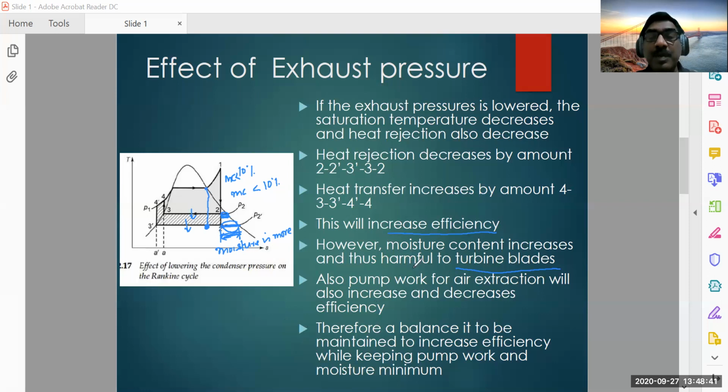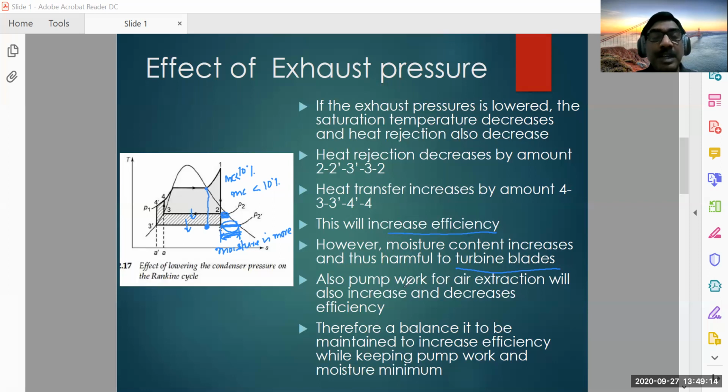Another problem is the pump work for extraction of the air. I told you about the different types of losses in the previous class. One of the losses in the Rankine cycle is because there is a subatmospheric pressure in the condenser, some air may enter through the leakages, and you have to remove all this air and maintain the correct condenser pressure for the cycle to operate properly.